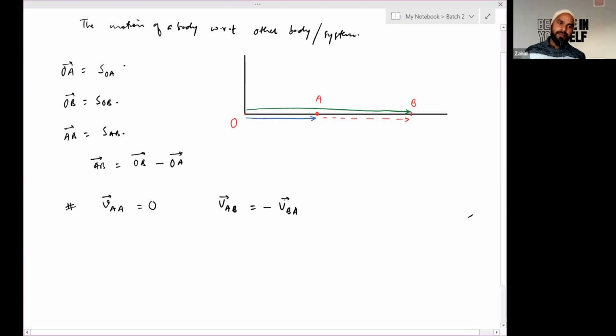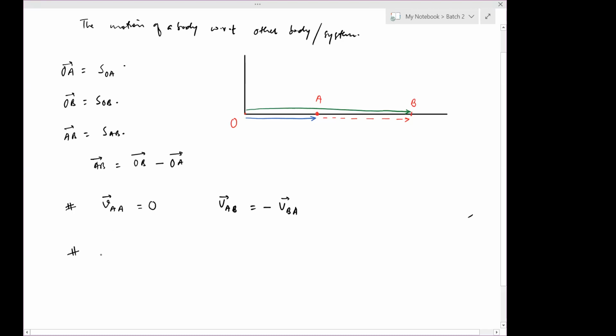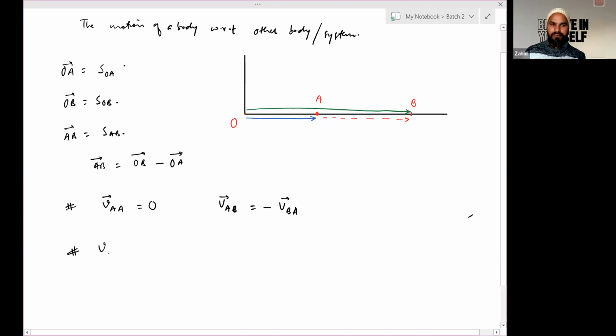Yes, sir. Third is, if you have to define the velocity of A with respect to B, which is already defined for some other reference, let's say with respect to ground or some other reference, it will be the velocity of A with respect to C minus the velocity of B with respect to C. If the reference point of both these terms is C, there will be a negative sign in between.